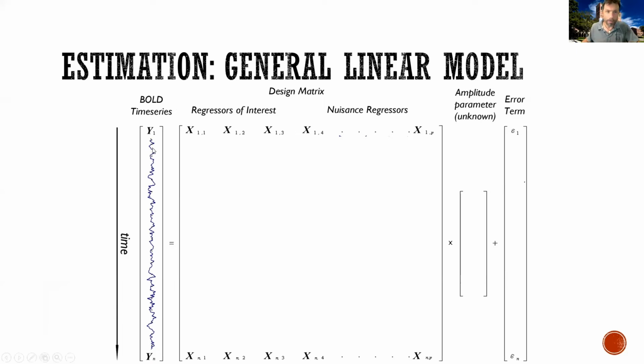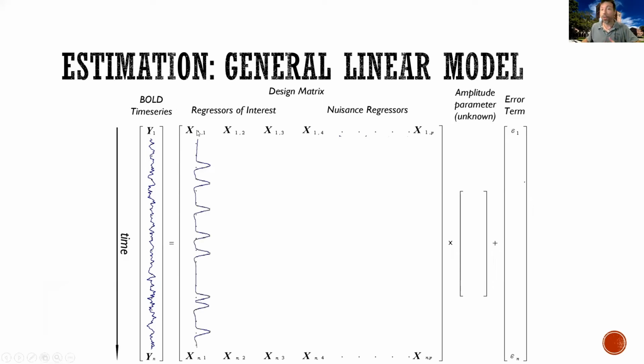So as I was saying, our vector y is nothing but the time series of a single voxel for one given run. And then our design matrix, or the X matrix, usually has a number of regressors of interest. So these are the events that are part of my experiment.